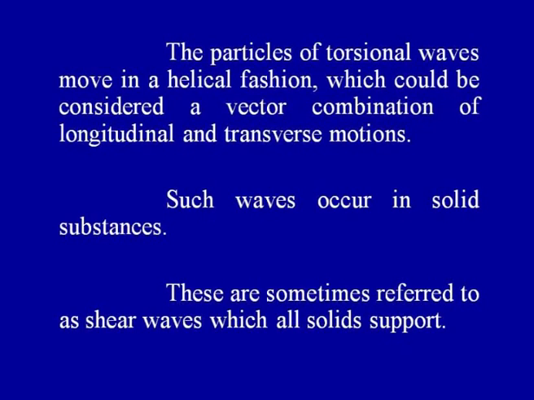The particles of a torsional wave move in a helical fashion, which could be considered a vector combination of longitudinal and transverse motions. Such waves occur in solid substances. Naturally, they cannot occur in gases or in water. These are sometimes referred to as shear waves. You see, solids have the shear coefficient which is non-zero. So, shear waves are supported by all solids.